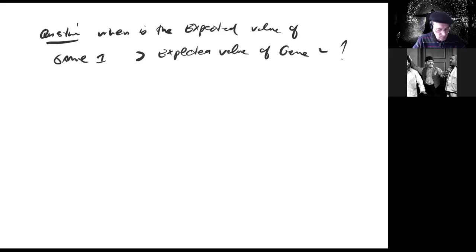So that would be when the number 1 over p minus 1 plus 1 over p minus 1 is greater than or equal to 2 over p.